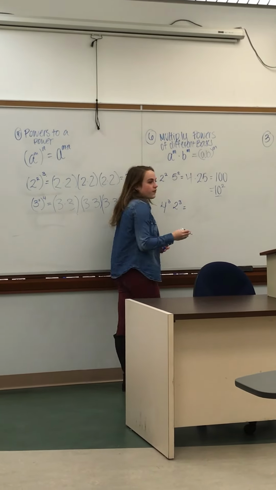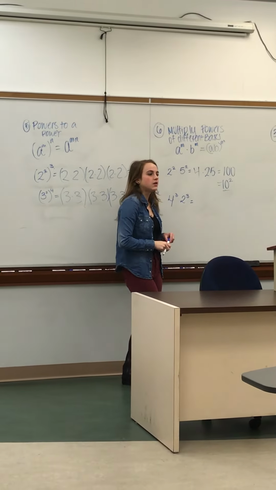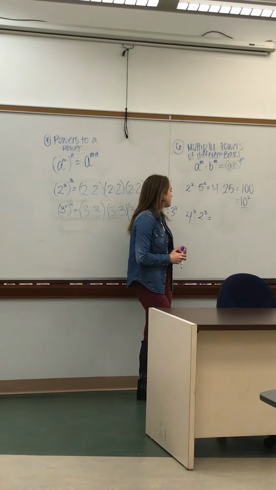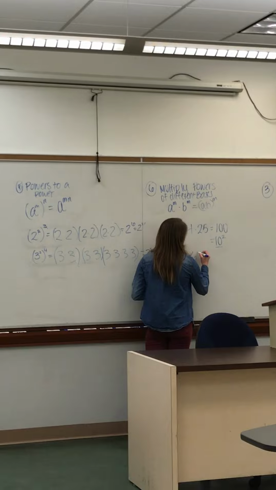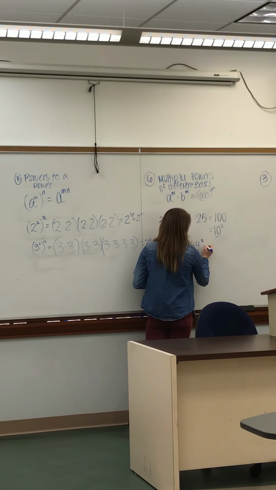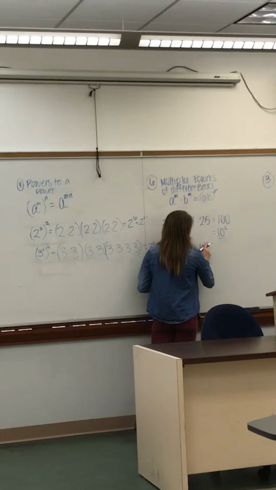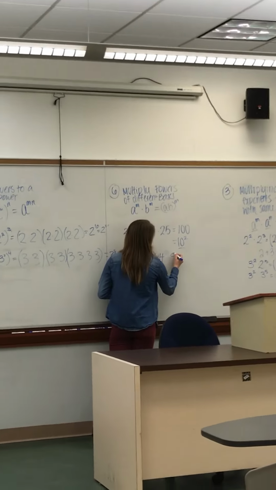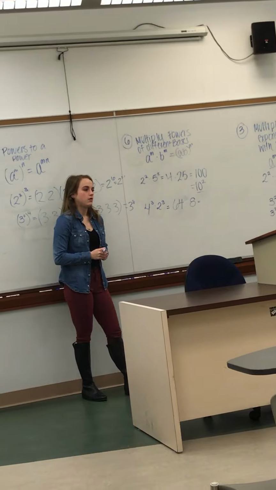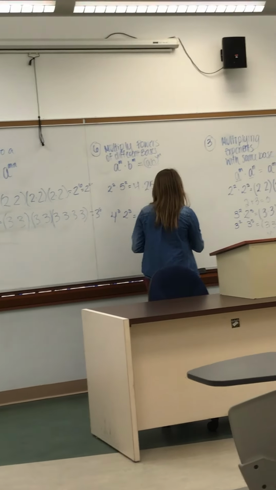Okay. What is 4 to the third on your calculator? 64. And what about 2 cubed? 8. What is 64 times 8? 512.